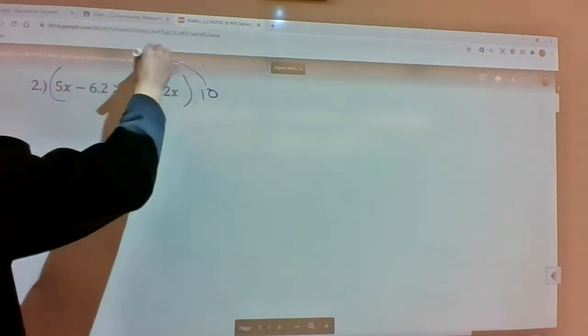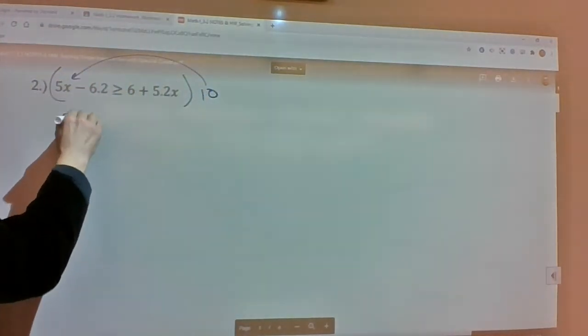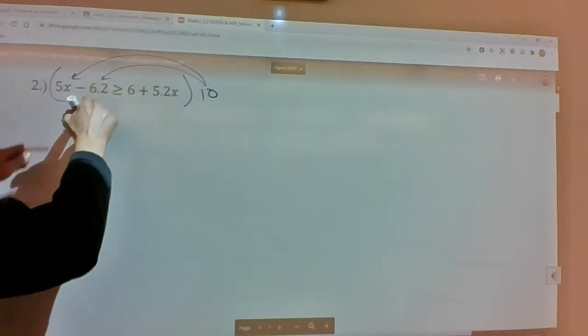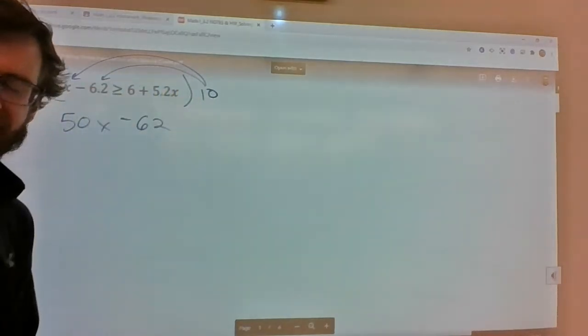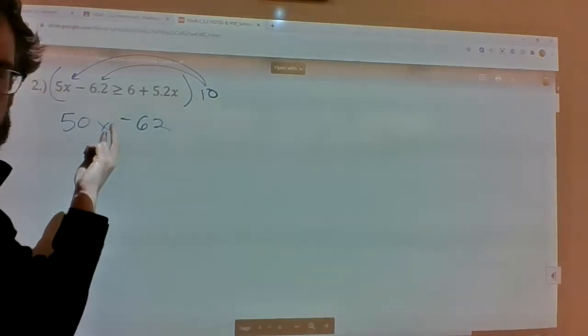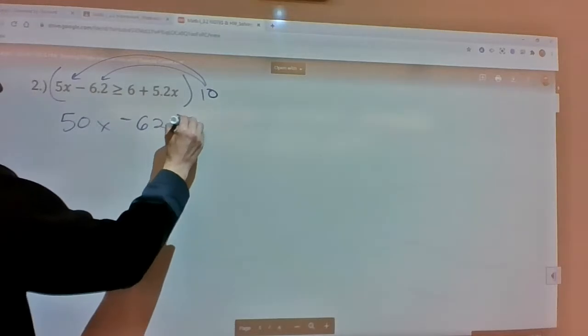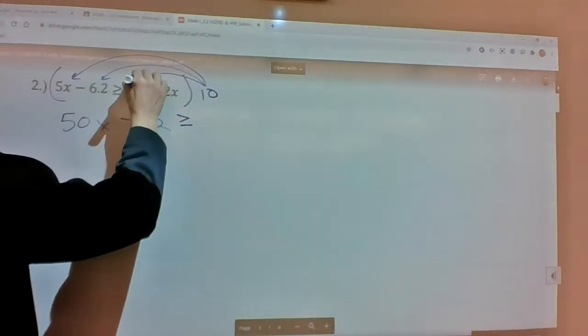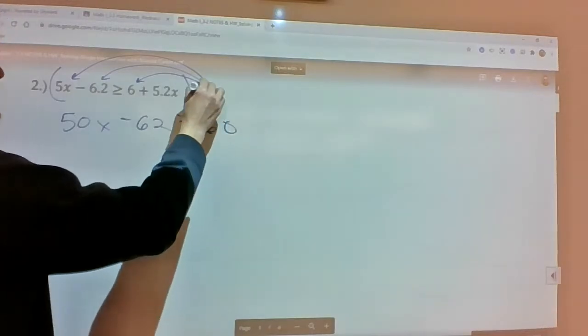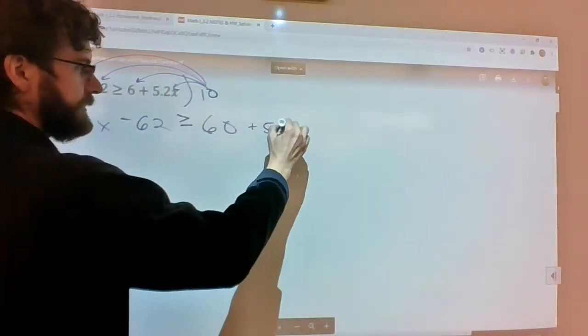So multiplying by 10 gives me 50x minus 62. Does multiplying by 10 flip this around? No. It's still greater than or equal to 60 and then plus 52x.